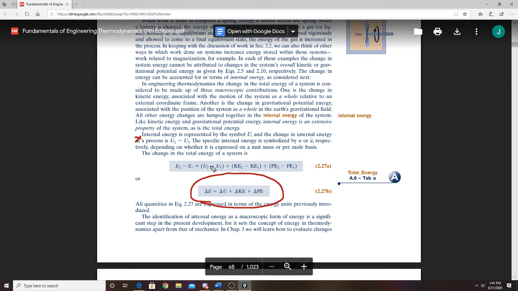If you read it from left to right, the change in total energy of a system from state 1 to state 2 is equal to the change in internal energy, the change in kinetic energy, and the change in potential energy, right? So if from one state to the next we gain a bunch of energy, obviously that is the change in total energy of the system.